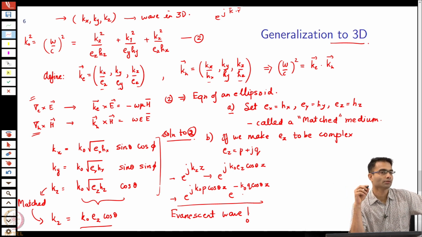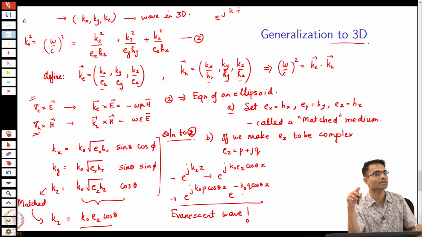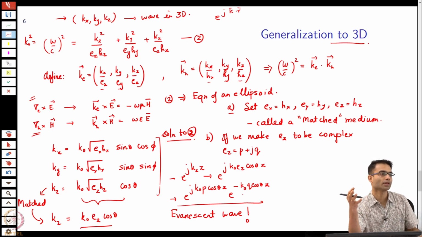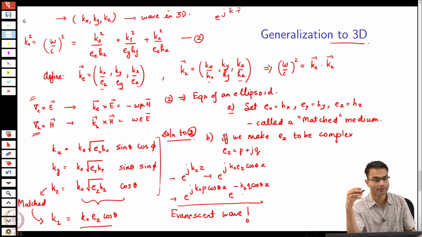So the conclusion, now when I try to interpret from here, my interpretation is coordinate stretching is equivalent to generating or representing an evanescent wave. How? By choosing my E's appropriately. If I chose E's to be some real numbers, then I will always get a travelling wave. But if I chose E's to be complex, I am able to get an evanescent wave, right.